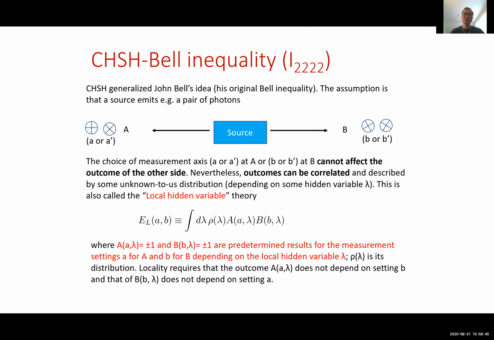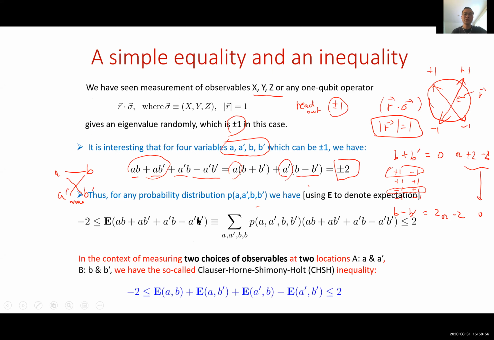And I'm going to perform the experiment. If the source is classical, then I have this inequality, from -2 to 2.